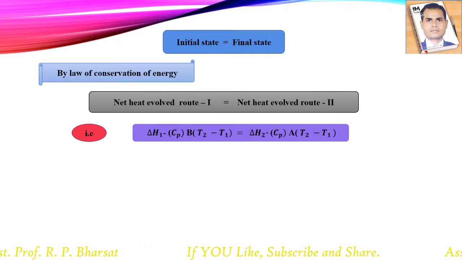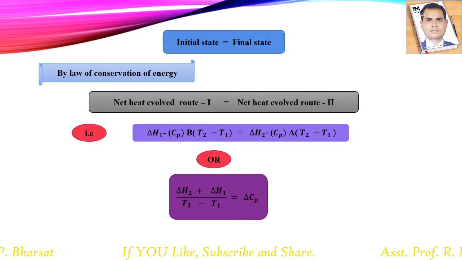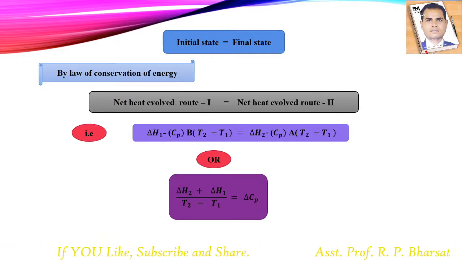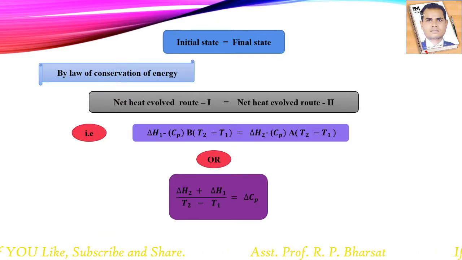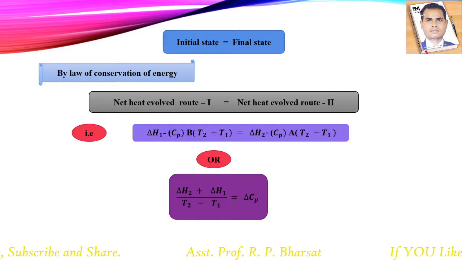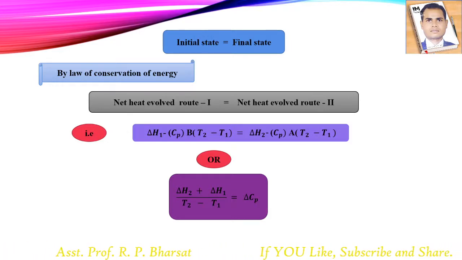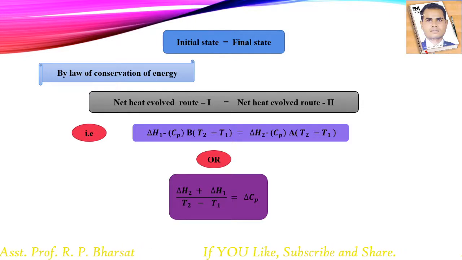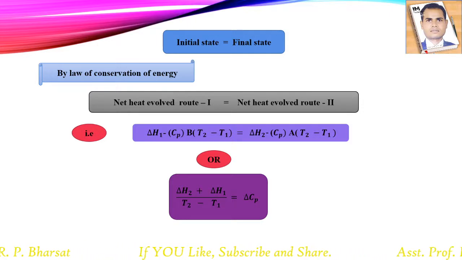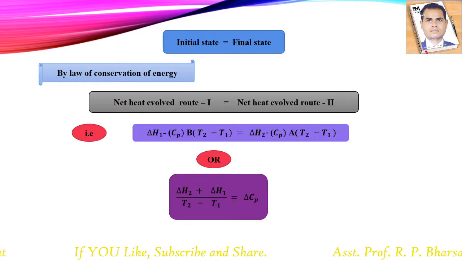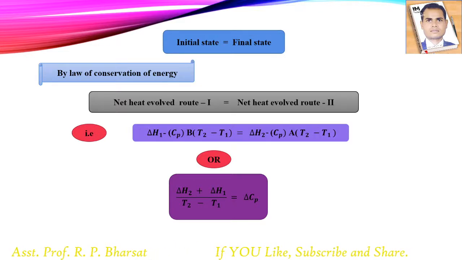We can arrange this as (delta H2 minus delta H1) divided by (T2 minus T1), a common term, is equal to the change in Cp, or the change in the molar heat capacity of the products.